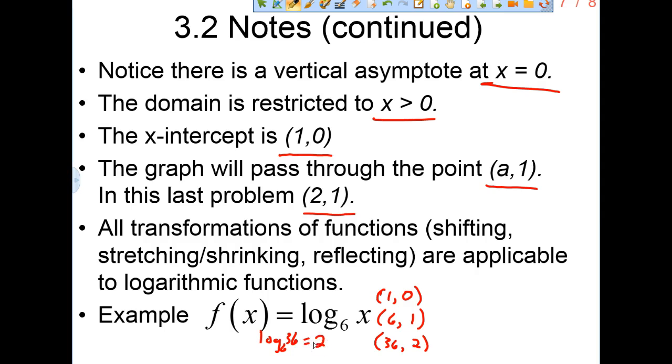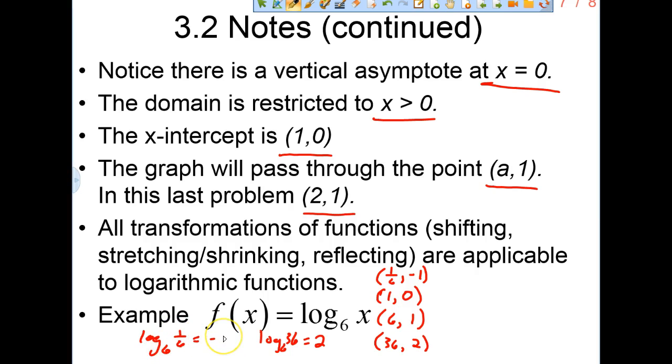That's 2. Or the other one that I usually use is 1 over 6, comma, negative 1, because that would be the log base 6 of 1/6, and 6 to what power is 1/6? That would be negative 1.